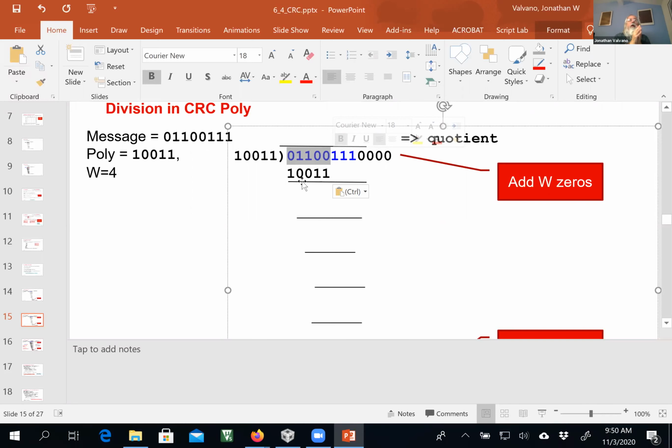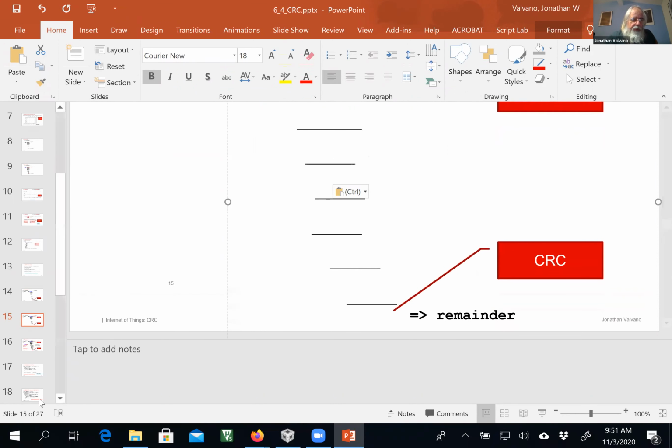There's a couple of things to note here. The polynomial I'm using in my CRC has what property? What can you tell me about all the polynomials?